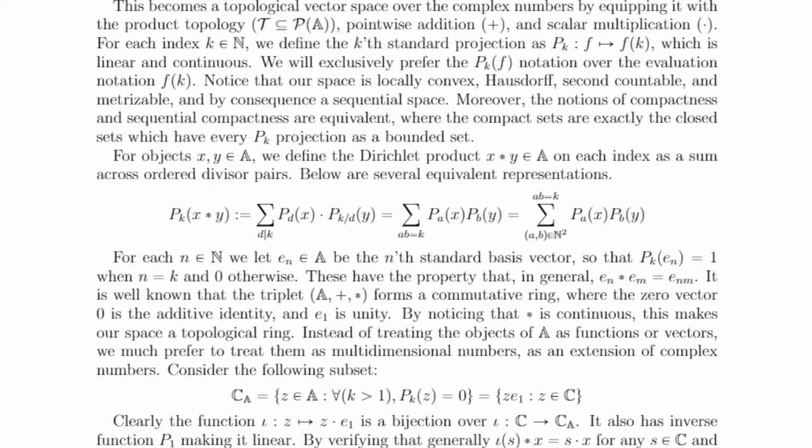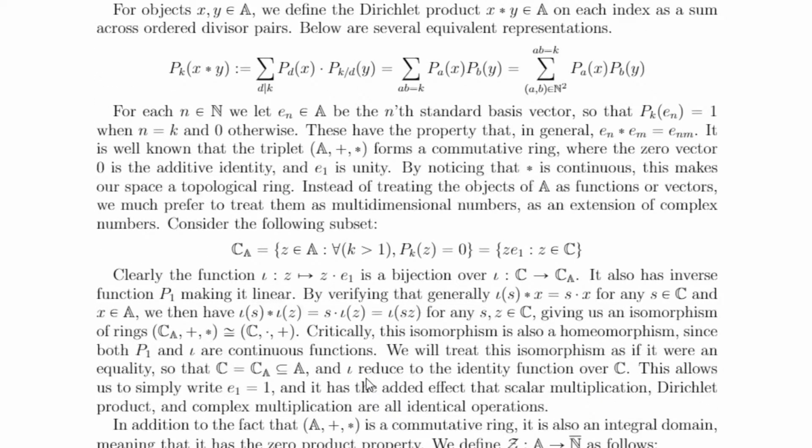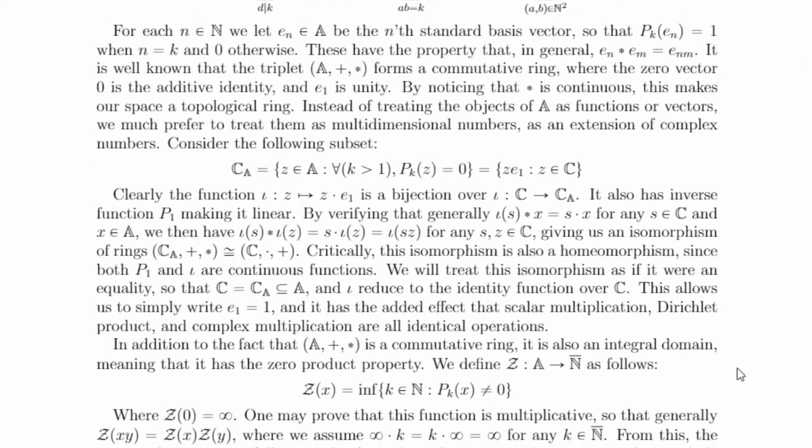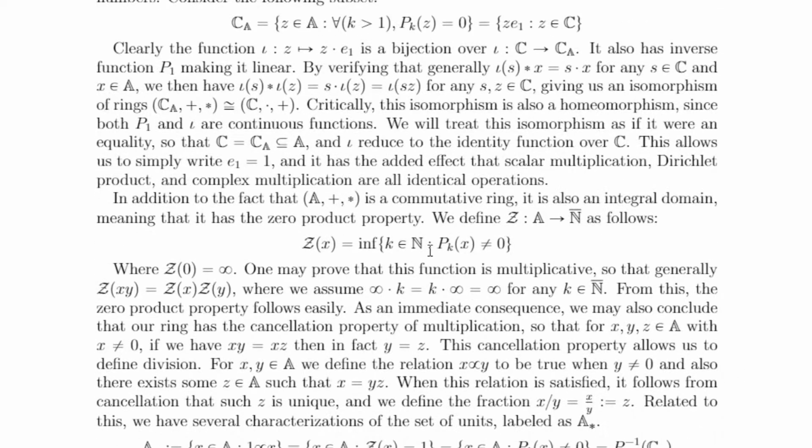This is our critical isomorphism: we've interpreted this set as an extension of the complex numbers. So our complex numbers are the two-dimensional small subring of our higher space A. And we've also discovered this cancellation and this division. So these are the things we've gone over so far. Do you have any questions?